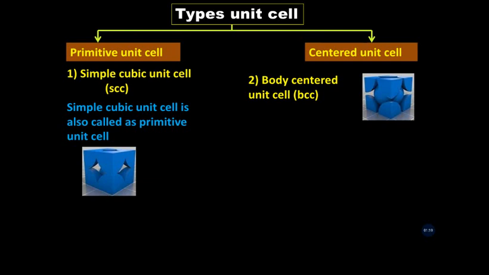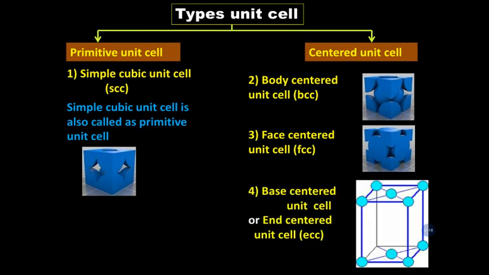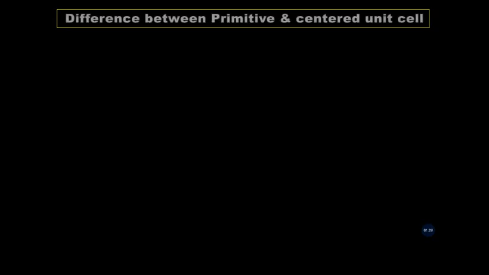Centered unit cells mainly consist of the body centered unit cell, face centered unit cell and base centered or end centered unit cell. Then we first discuss the primitive cell, that is, the difference between primitive and centered unit cells.